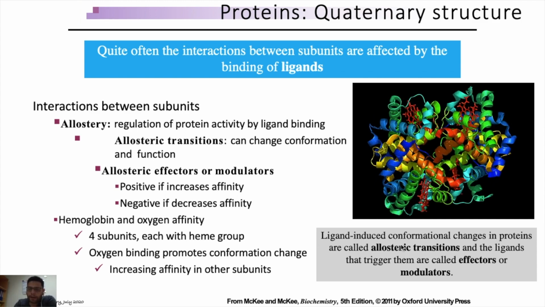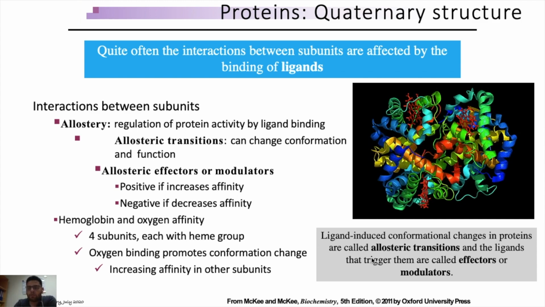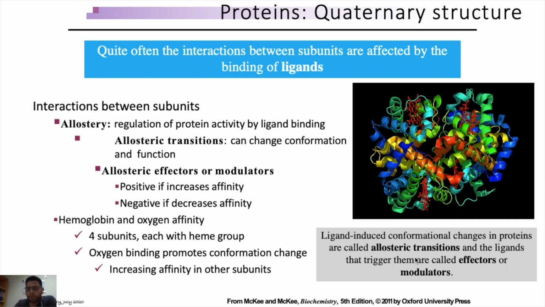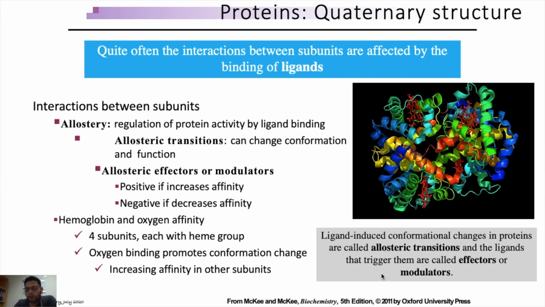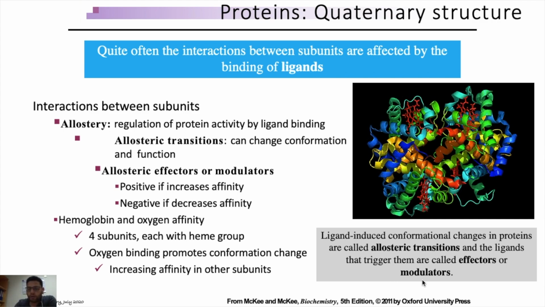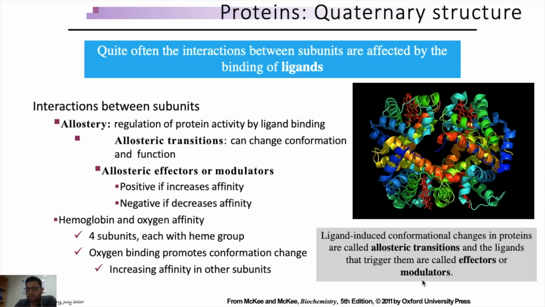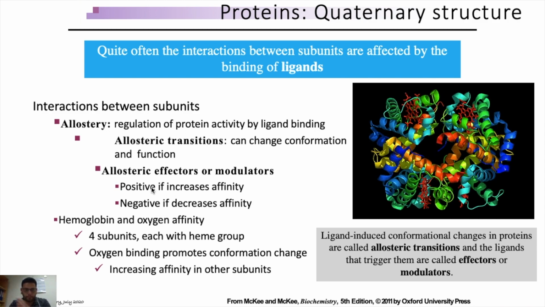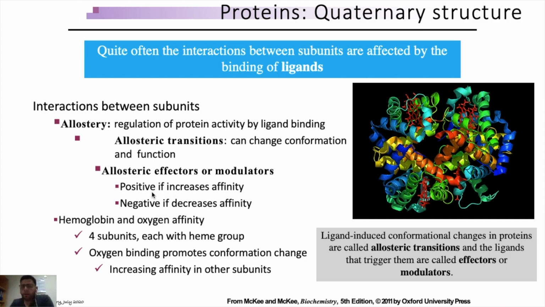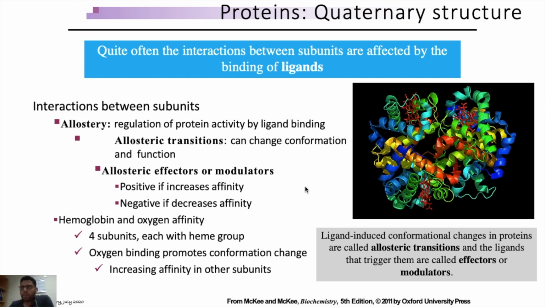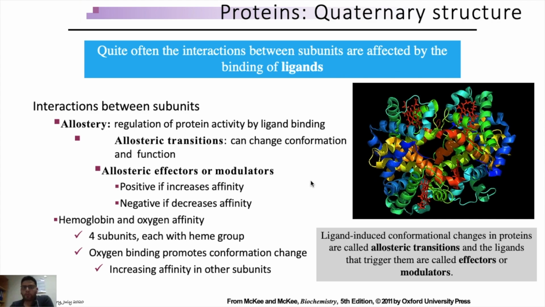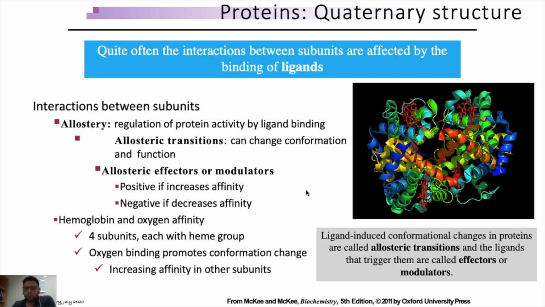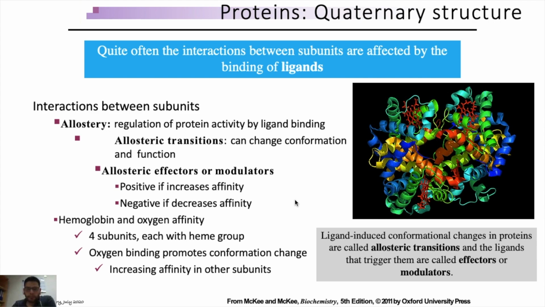These ligand-induced conformational changes in a protein are called allosteric transitions, and the ligands that trigger these changes are called effectors or modulator molecules. These allosteric effects could be positive or negative, depending on whether ligand binding increases or decreases the protein's affinity to further bind other ligand molecules.